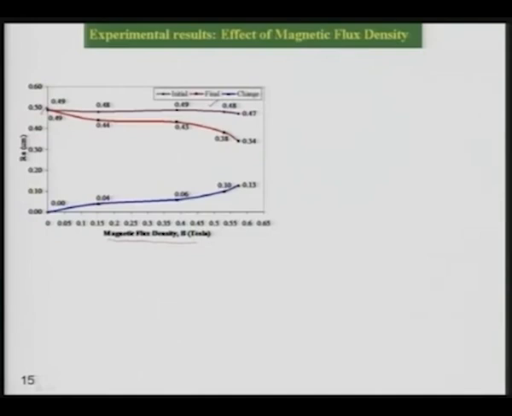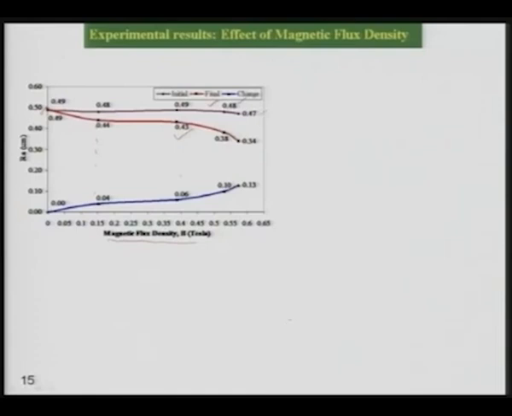When there is a certain magnetic field applied, then you can see there is a change from 0.48 RA value to the 0.44 RA value, and if you apply the higher magnetic field for the same number of cycles, then it changes from 0.49 to 0.43 micrometer RA value, and in the last but one case 0.48 to 0.38, and in the last case 0.47 to 0.34.